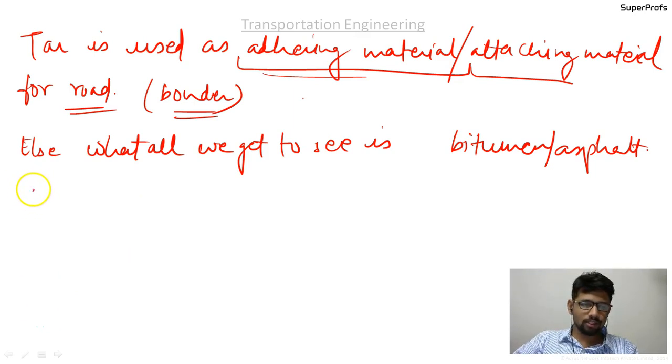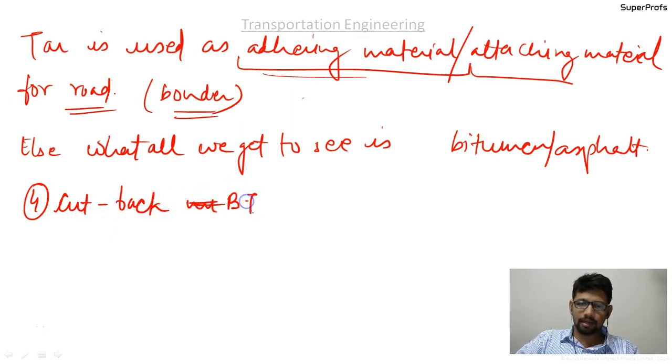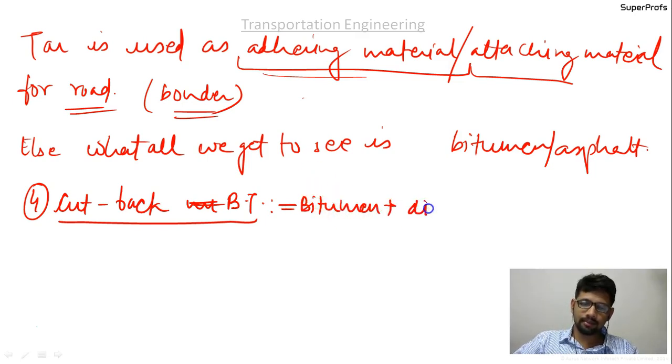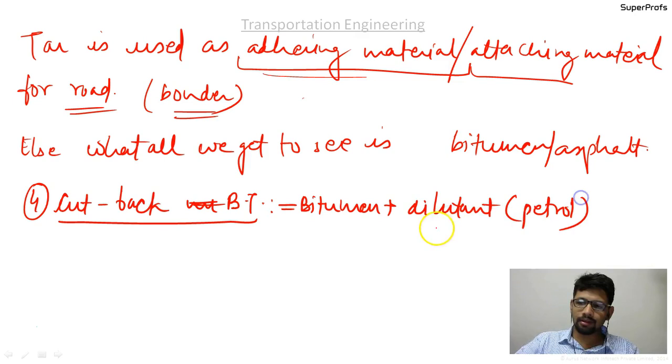So the next one we are supposed to discuss is cutback bitumen. Cutback bitumen is simply bitumen plus some diluent. Maybe the diluent is like petrol, and its role is to reduce the viscosity.